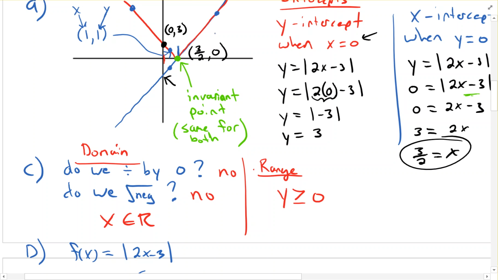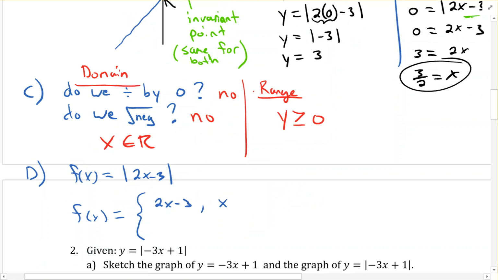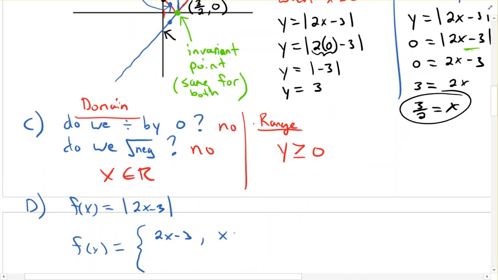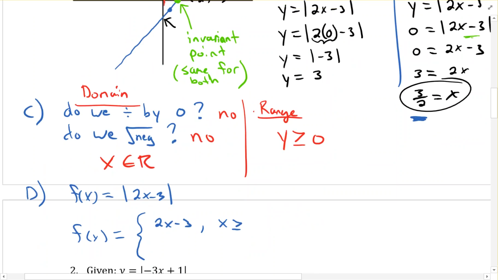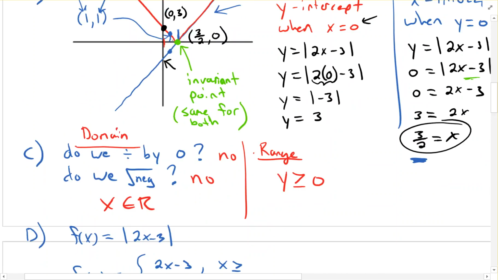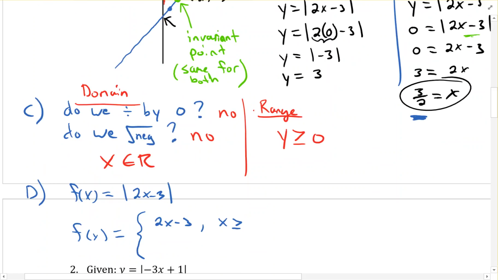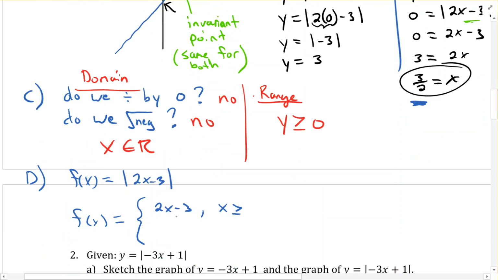When is it the one on the right? Well, it's going to be that function for everywhere that x is greater than, or you could say or equal to, doesn't really matter, greater than 3 over 2. That was that invariant point, right? That's where it reflects off the x-axis there. So that's the point where it changes. So it's going to be that function when x is greater than 3 over 2.